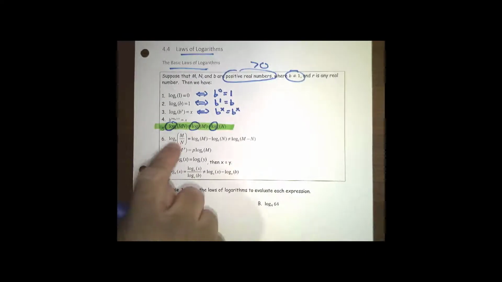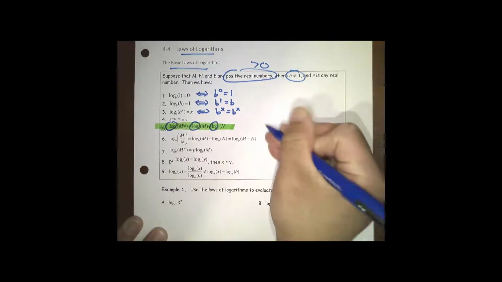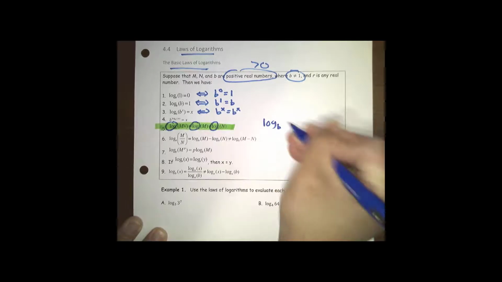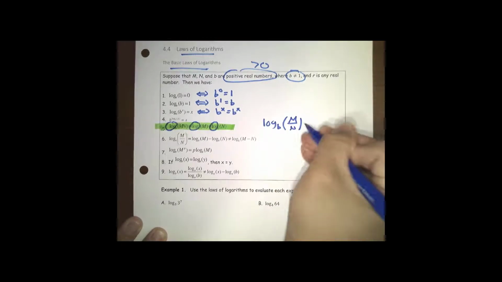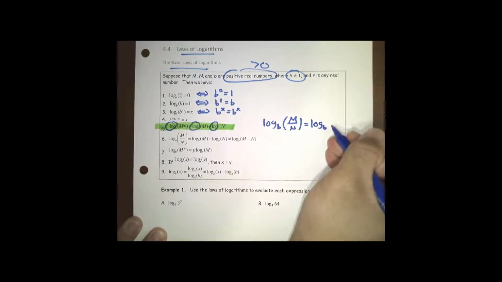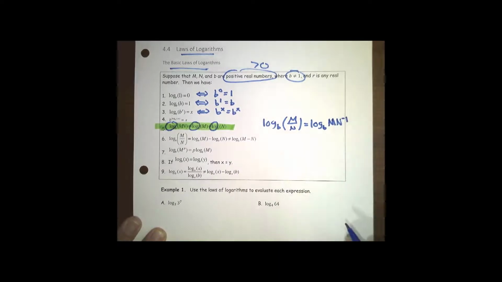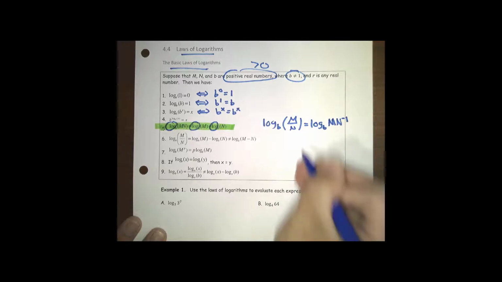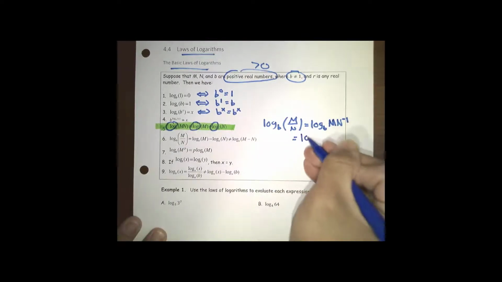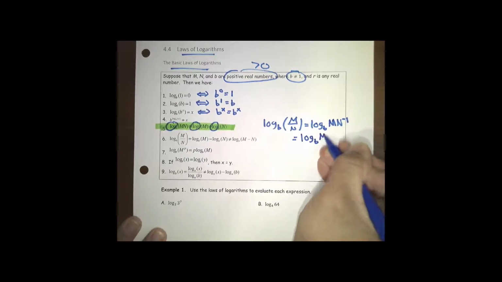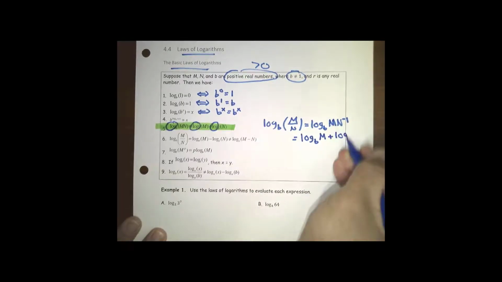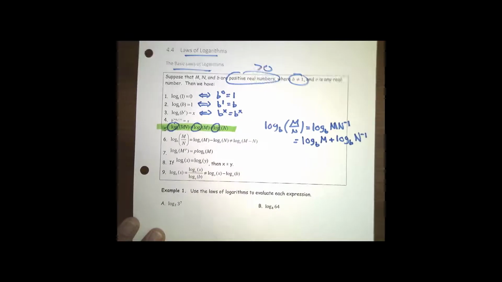Now, this next rule you really don't need to memorize if you don't want to, because log base b of m over n is really log base b of m times n to the negative 1 power. Then using the rule that I just told you about, that's log base b of m plus log base b of n to the negative 1 power.